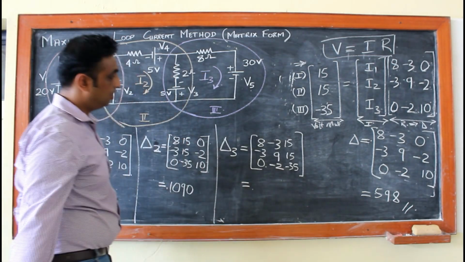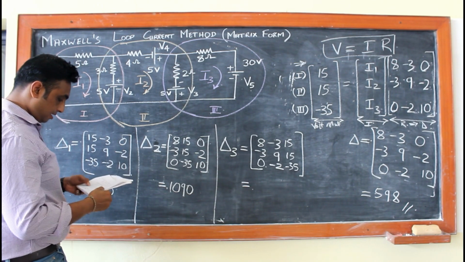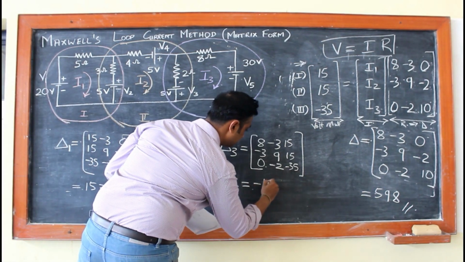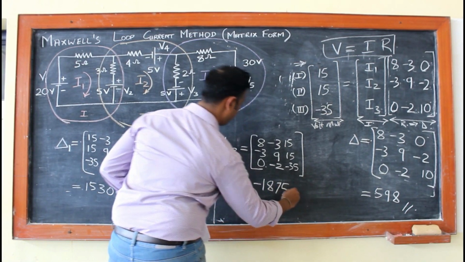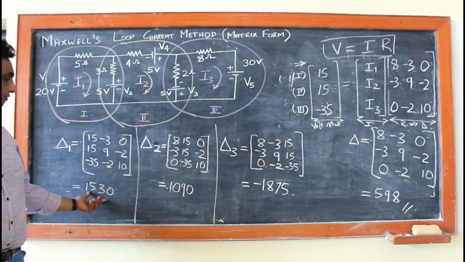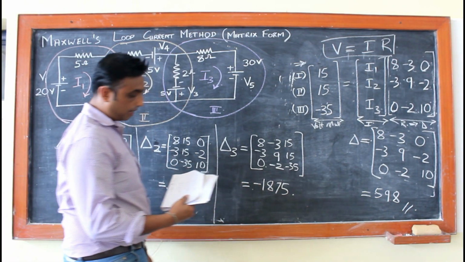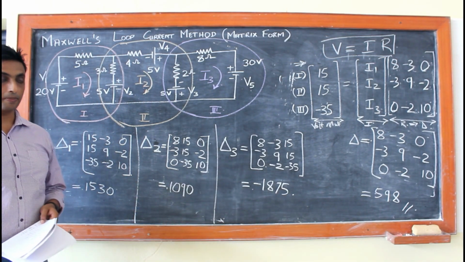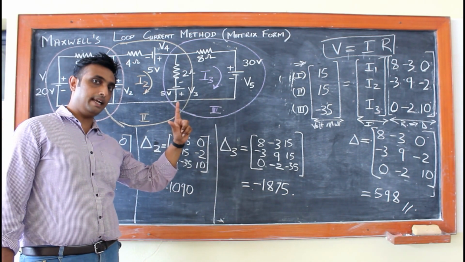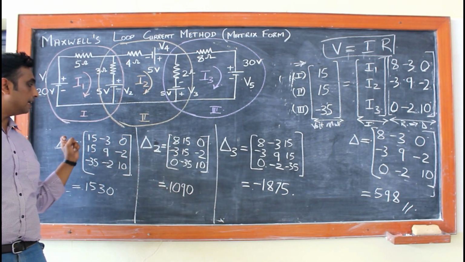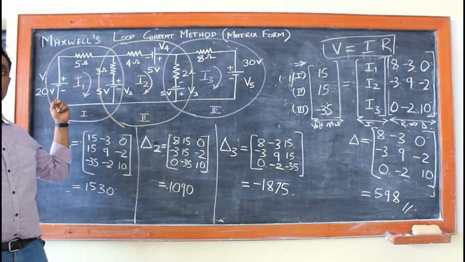Finding the determinant of delta 3 will give us minus 1875. So I got 1530, I got 1090, and I got minus 1875. So I got my delta 1, delta 2 and delta 3. From this we can say one thing: the number of delta 1, delta 2 and delta 3 will depend upon the number of loops.